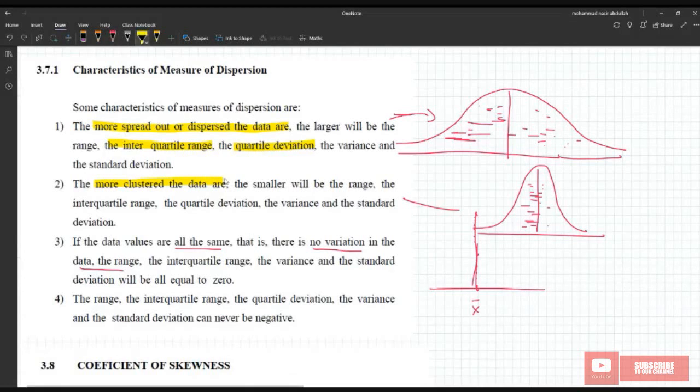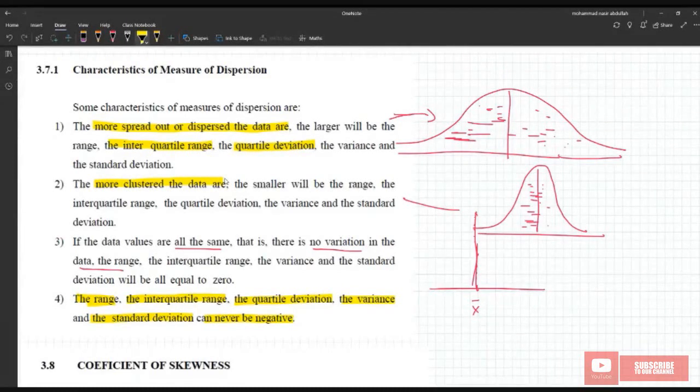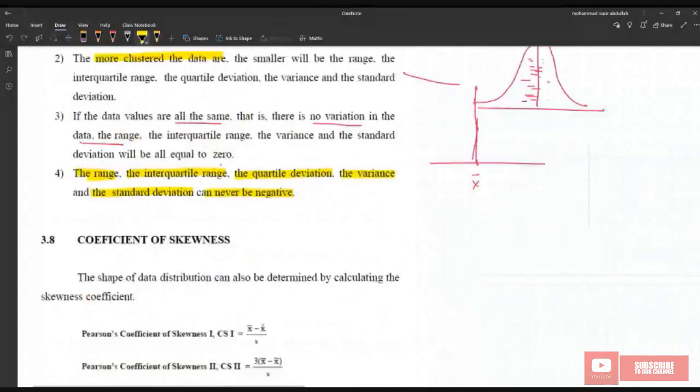So the most important thing is you need to understand the range value, interquartile range, quartile deviation, the variance and standard deviation can never be negative. So this is the most important characteristic of measure of dispersion, right? So I hope you understand this one.